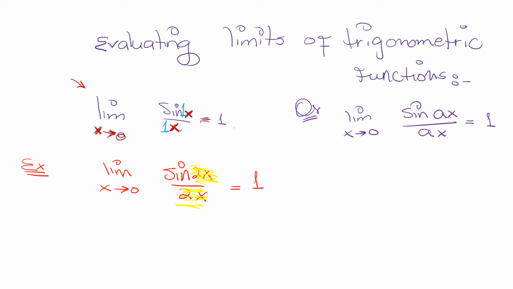The answer is 1. Let's take another example. What if you have limit x approaches 0 of sine 7x over 7x? Focus on the angle, that is 7x, and in the denominator also 7x is written, and x is approaching 0. So the answer is 1.